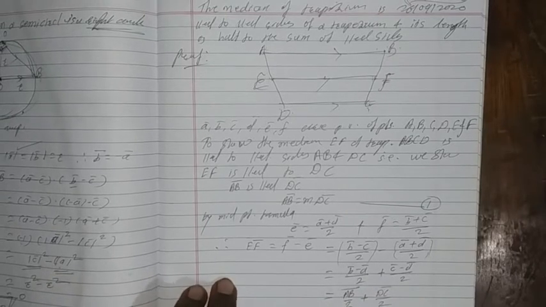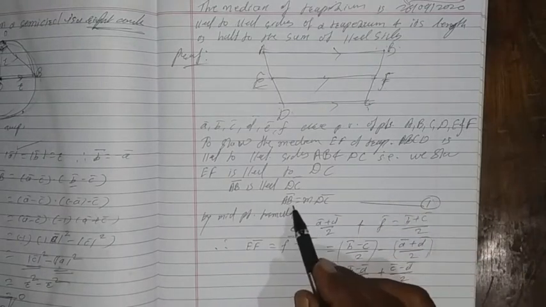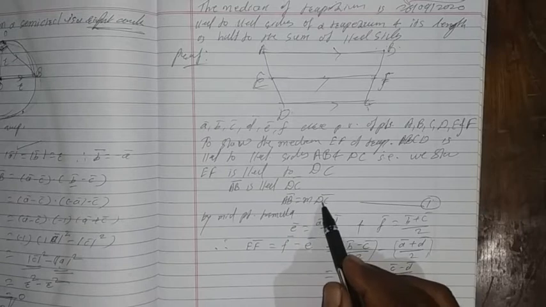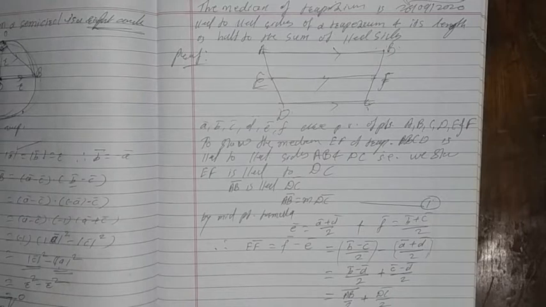But we know from equation 1 that vector AB is equal to a scalar into vector DC, that is m into vector DC. We write this value of vector AB: m DC divided by 2 plus vector DC divided by 2, which is (m plus 1) times vector DC divided by 2.